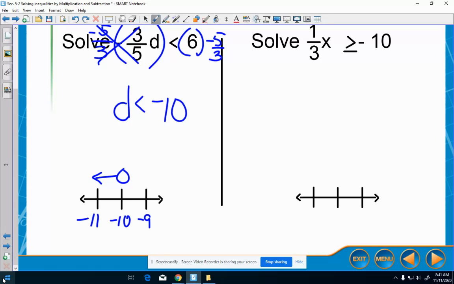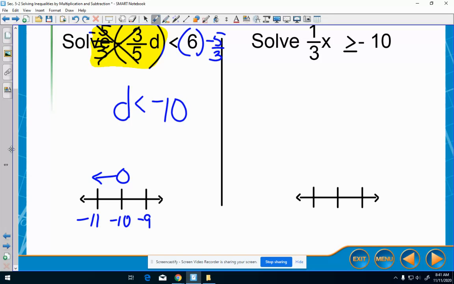It is positive 6 3/5. Remember, though, up here, originally, this statement is supposed to be less than 6. Well, is positive 6 3/5 less than 6?